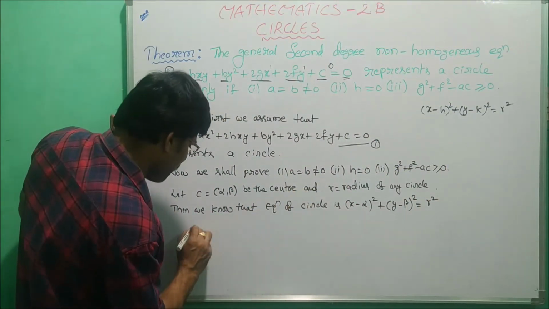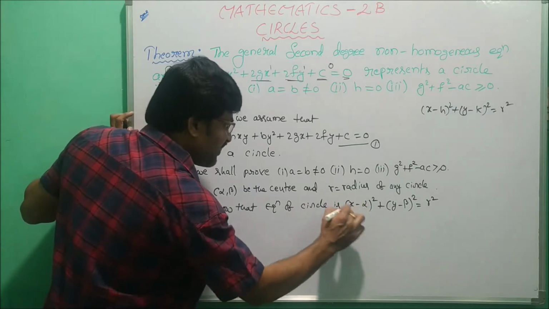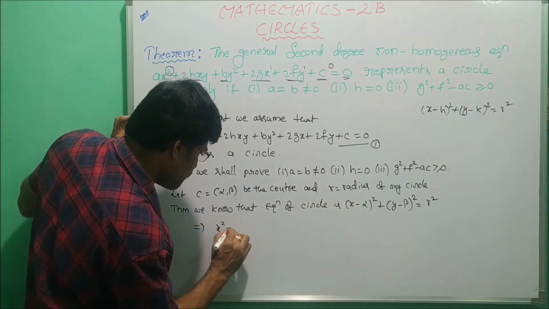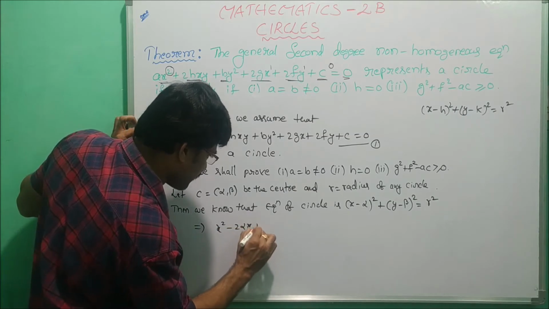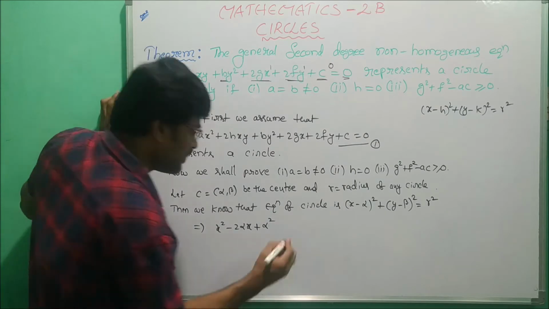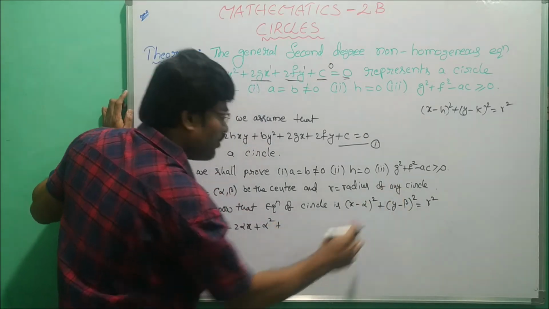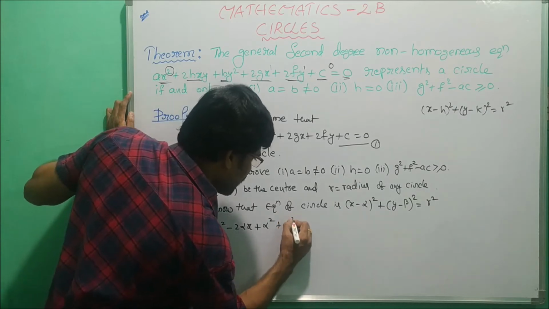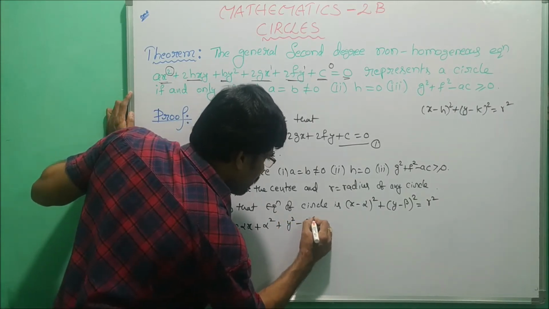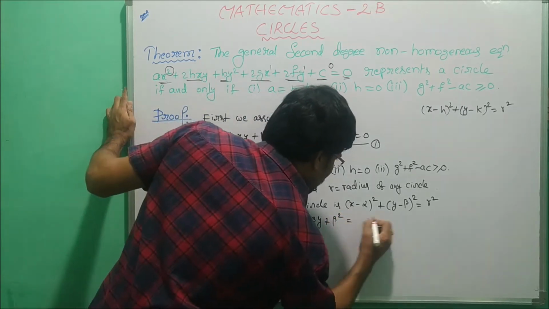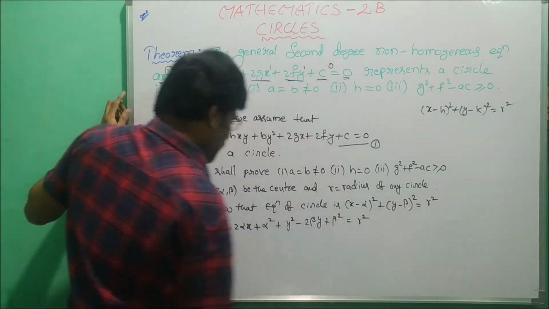Now it can be simplified, each term will be expanded. This is x square minus 2 alpha x plus alpha square, the first one. Similarly, the second term is also of the form (a minus b) whole square, so y square minus 2 beta y plus beta square, and the right side value is r square.